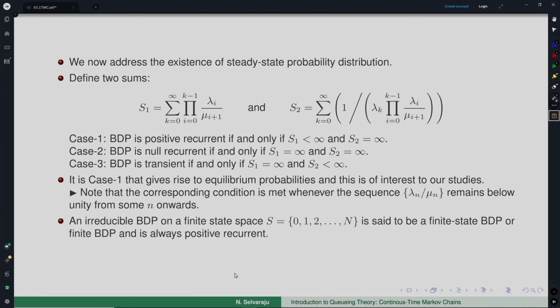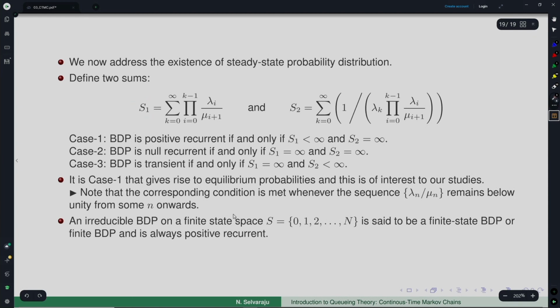Now, for this we define two sums, say S1, which is the summation k equal to 0 to infinity of the product over i equal to 0 to k minus 1 of lambda i by mu i plus 1. If I expand this product, in the numerator it is lambda naught, lambda 1 and so on up to lambda k minus 1, divided by mu 1, mu 2 up to mu k, and the sum is over k equal to 0 to infinity.